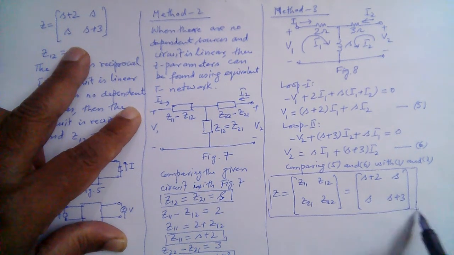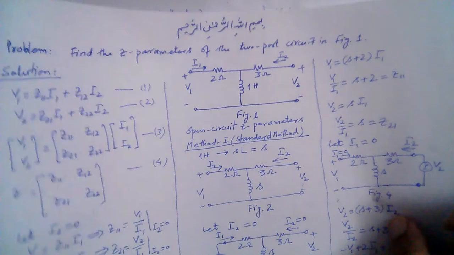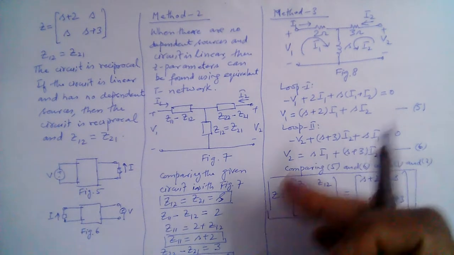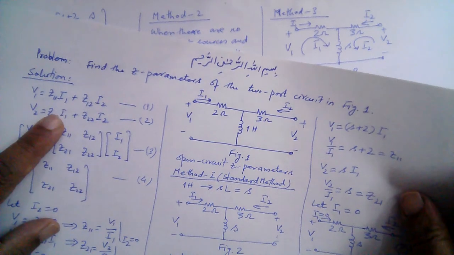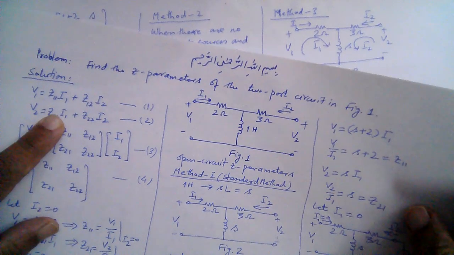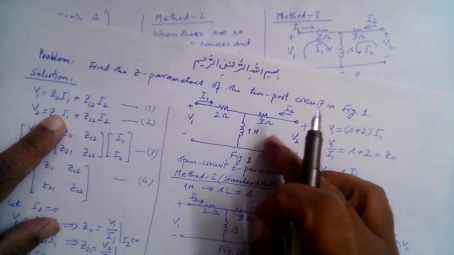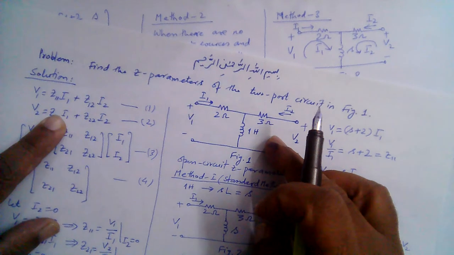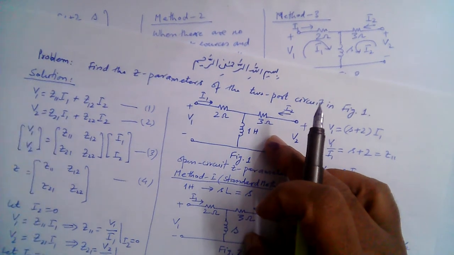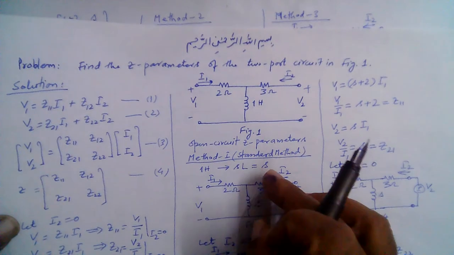So there are 3 methods. There may be some other methods also. We can employ other techniques to arrive at equations in a similar form and then compare them with these equations and find the Z parameters. But for example, if the circuit is not given in this form, not a T network, not a simple network, then the standard method will always work. This method 1, this standard method.